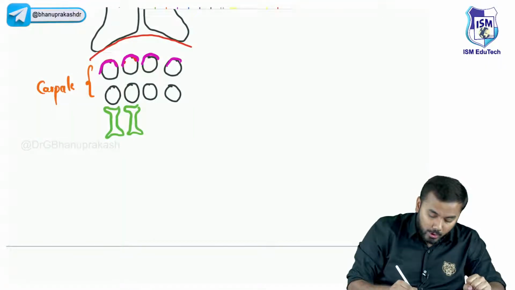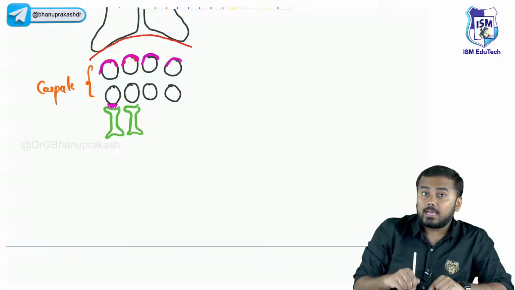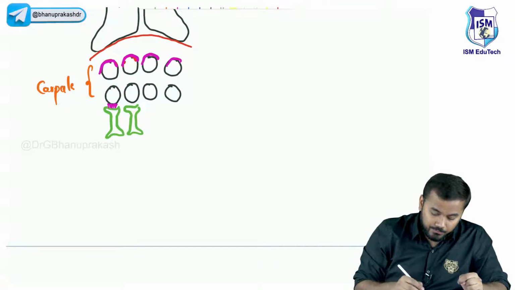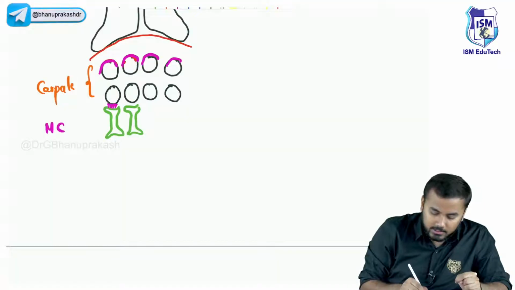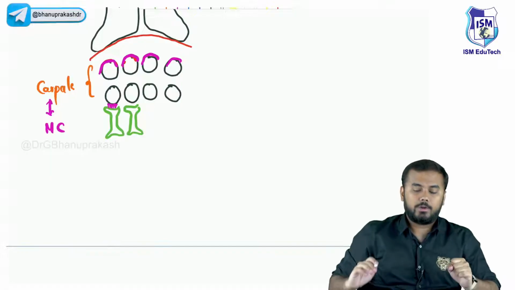If these metacarpals are ellipsoidal, what is happening? If I draw a joint between both of these, this joint is the carpo-metacarpal joint. Yes or no? The joint between both of them is called the carpo-metacarpal joint.